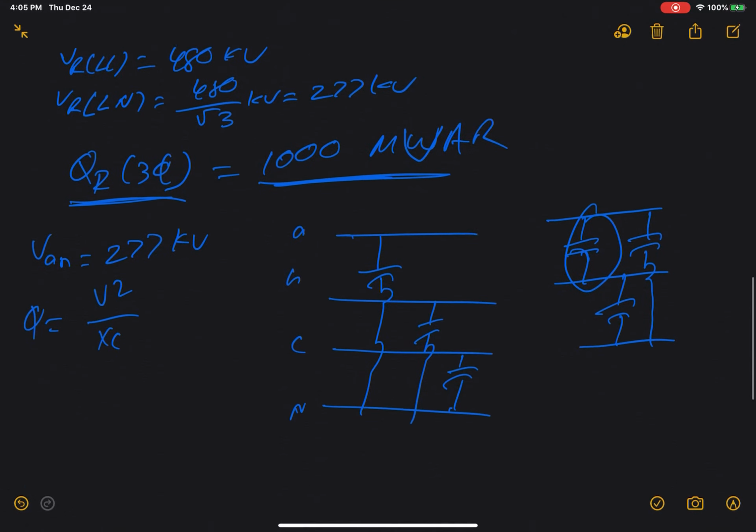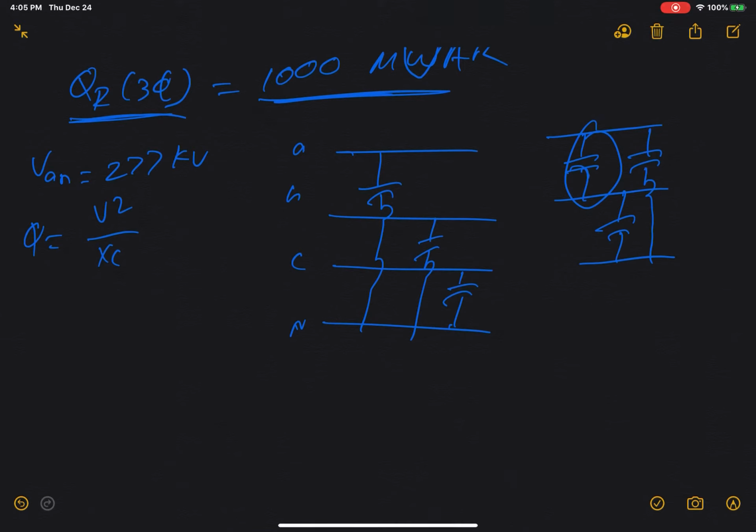So the capacitor should supply 1000 megavar. So QC should be 2000 minus whatever I need, that is 1000 megavar should come from the capacitor. So I know QC now, and I know V, which is 277.